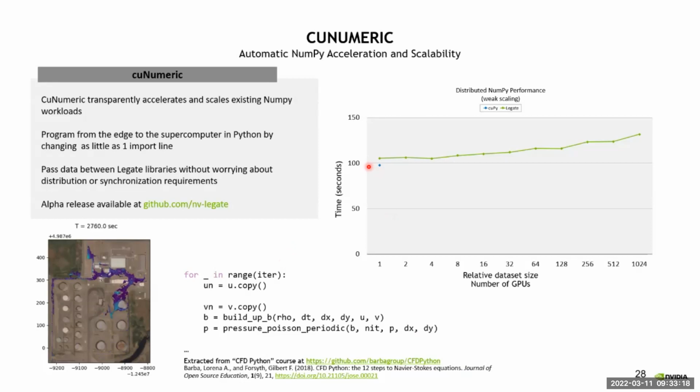You could already do that using CuPy today, but actually able to weak scale it out to all of the GPUs we had available, in this case 1024 GPUs. So that's without any code changes beyond using Numeric in place of NumPy. We're actually able to scale all the way up to 1024 GPUs automatically.